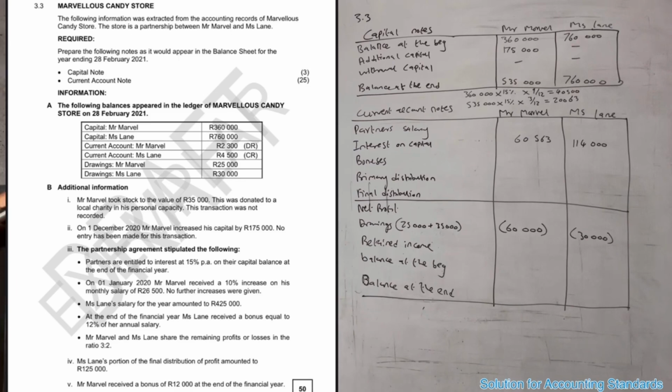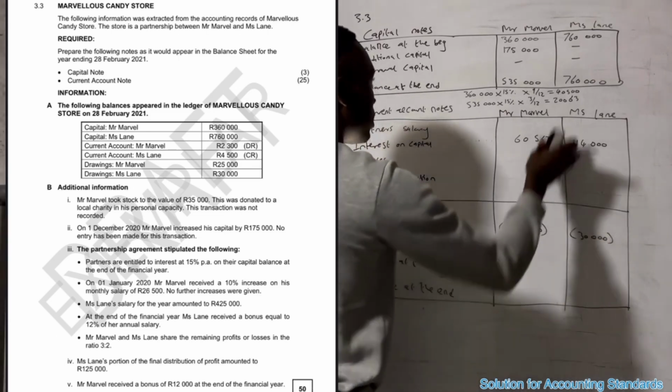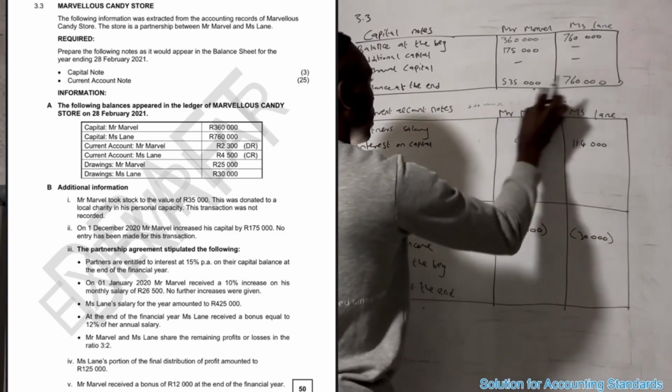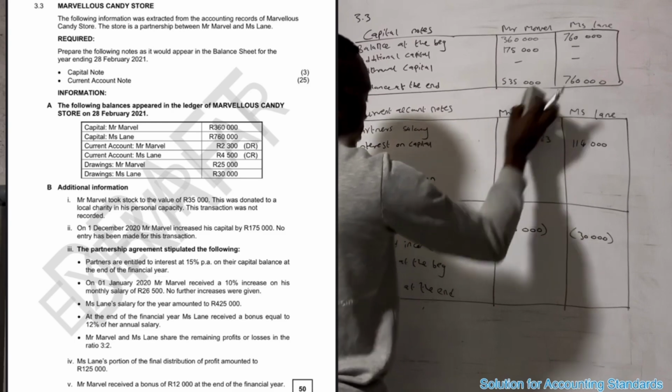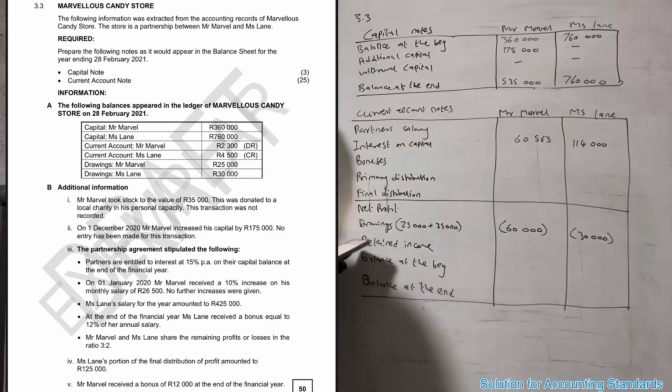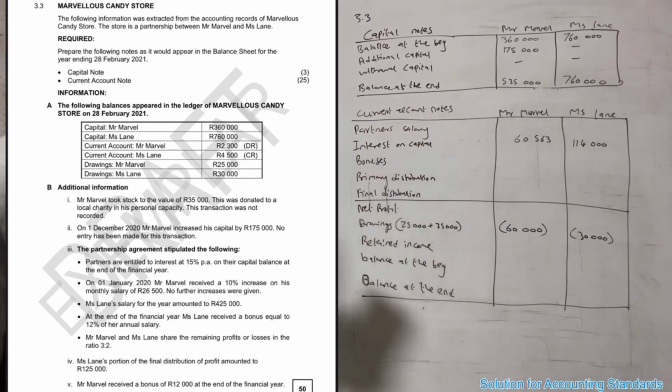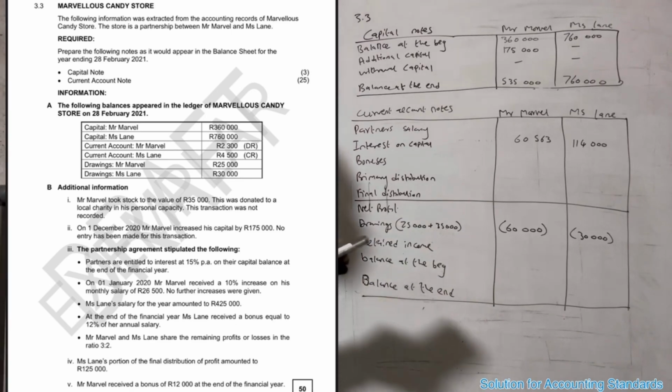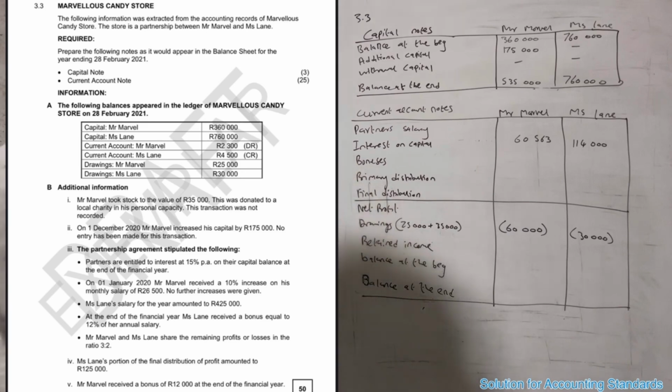On 1 January 2020, Marvel received a 10% increase on his monthly salary of 26,500. No further increase was given. Guys, this increase was made last year, which means that the whole of this year it has increased, because on 1 January 2020 our year started. 1 March 2020 means that it's the previous year, it's not the current year.